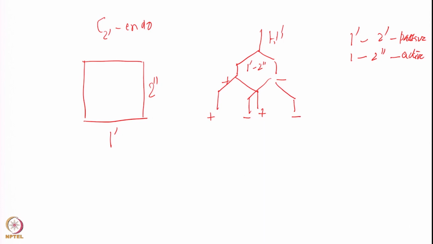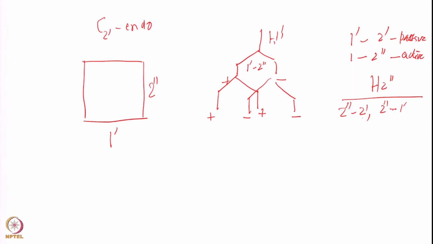Okay. Let us look at the 2'' peak. Now, if I draw the 2'' peak here, H2'', what are the coupling constants for this? It has a 2' 2'' coupling, 2'' 1' coupling and 2'' 3' coupling. Now, this one has 3 couplings. But 2'' 3' is very small, almost close to 0.